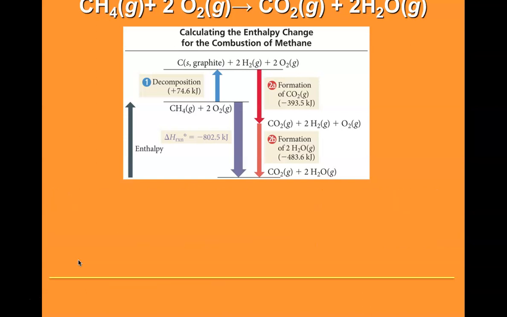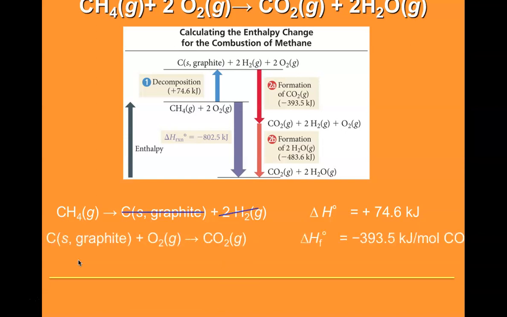So if we take this number, we know decomposition, that's fine, forward direction, algebraic sign stays the same. Here's graphite being combusted to carbon dioxide, again, negative 393.5. And then here is the combustion of hydrogen to make water.